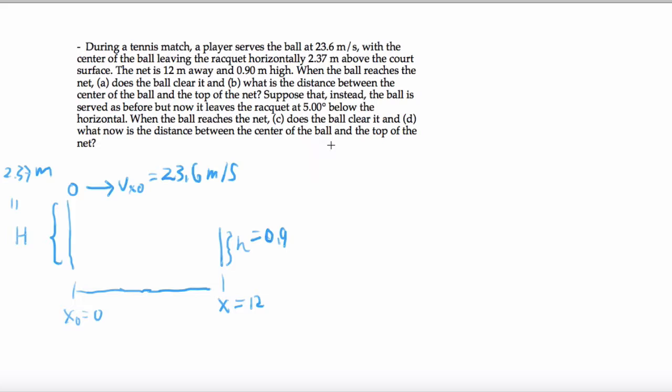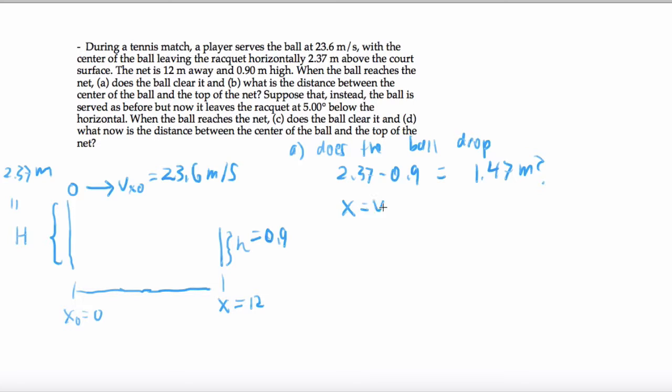So the real question here is, does the ball drop, so the difference between h and little h, 2.37 minus 0.9. So we want to know if the ball drops 1.47 meters in the time that it travels. So let's find out. Let's get the time it spends going horizontally.